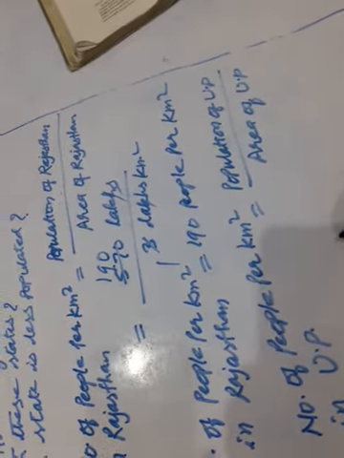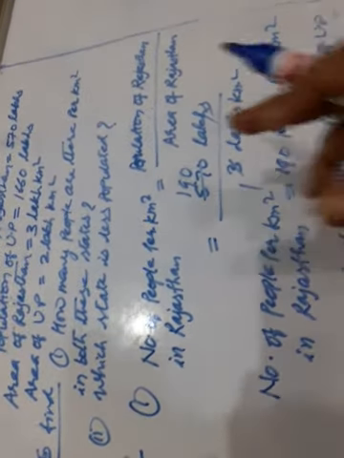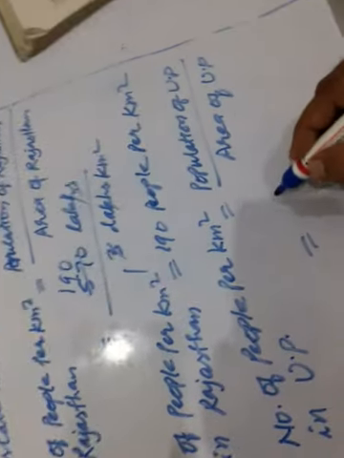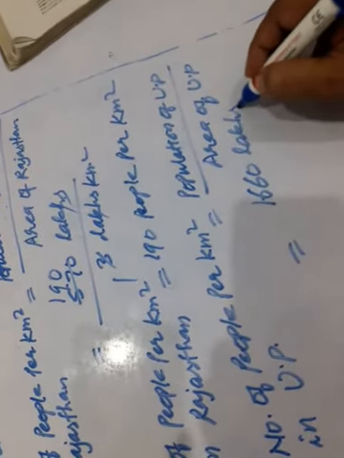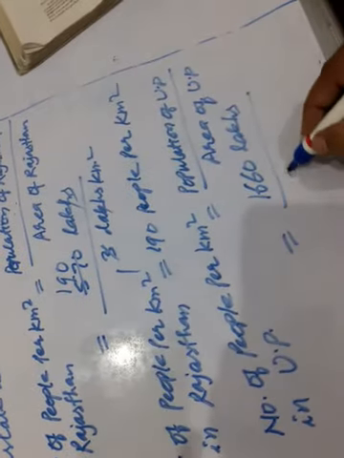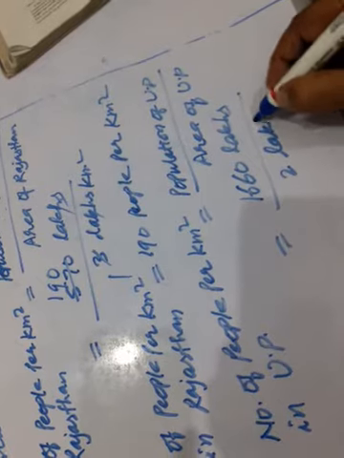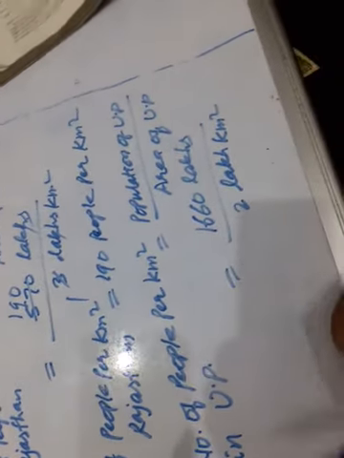What is the population of UP here? Population of UP is given to be 1660 lakhs. Clear? And area of UP is given to be 2 lakh square kilometer.